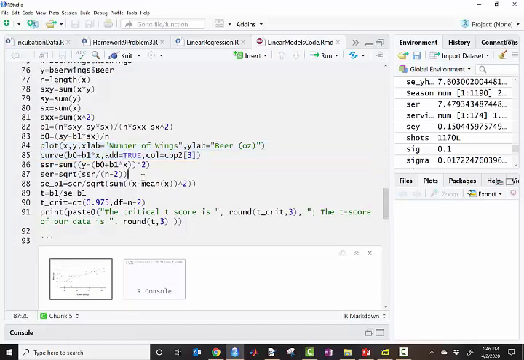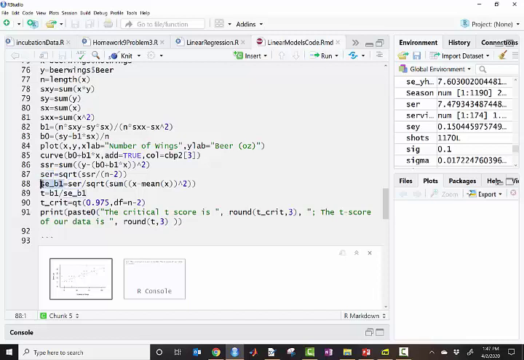Now, this next part is the newer code. SSR computes the sum of the squared residuals, the sum of the y's minus their predicted values, squared. Then the SER, the standard error of the residuals, is just the square root of this quantity divided by n minus 2, the degrees of freedom.